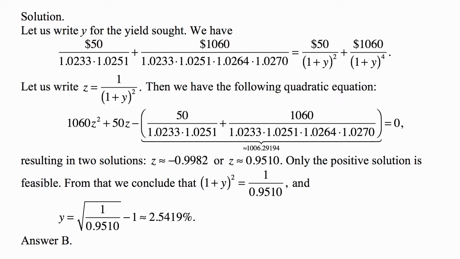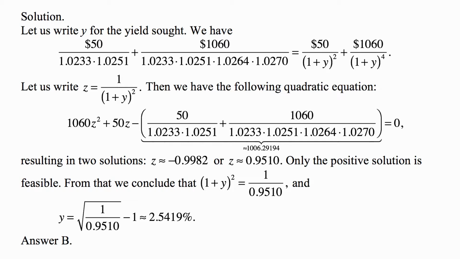And then there is $1,060 paid at time 4, and its present value is that $1,060 discounted from time 4 to time 3, effectively using the forward rate from time 3 to time 4, which is 2.7%, so that's why it's divided by 1.0270, counting from the right basically.